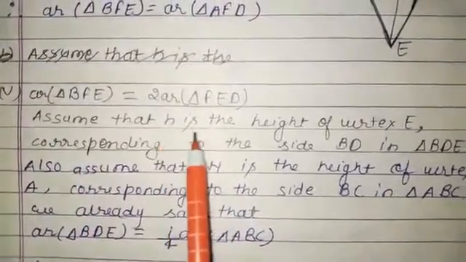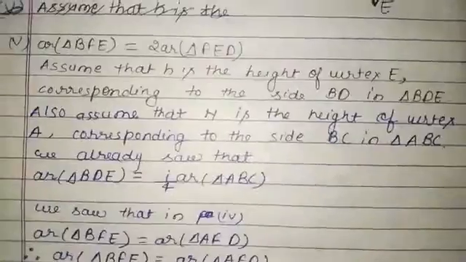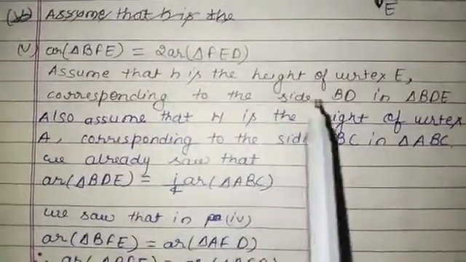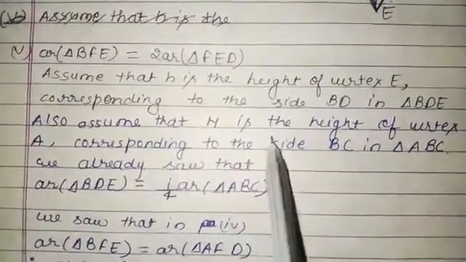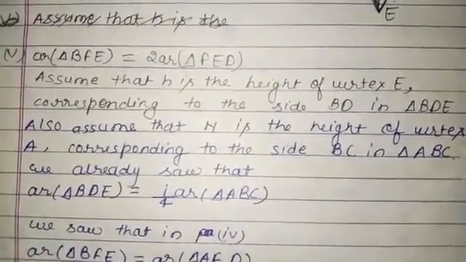Now assume H is the height of vertex E corresponding to the side BD in triangle BDE. Also assume that it is the height of vertex A corresponding to the side BC in triangle ABC.